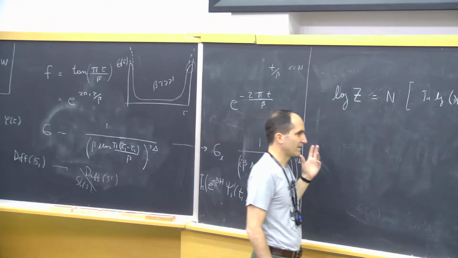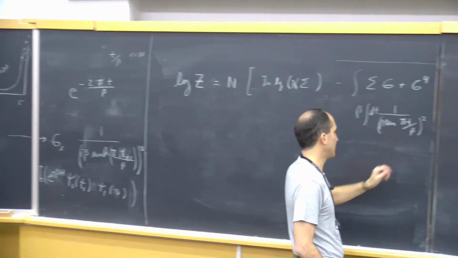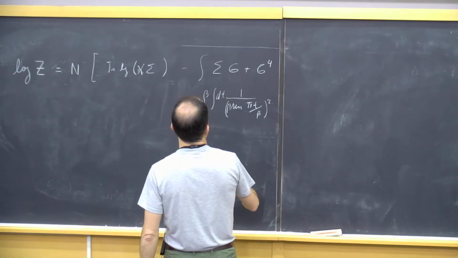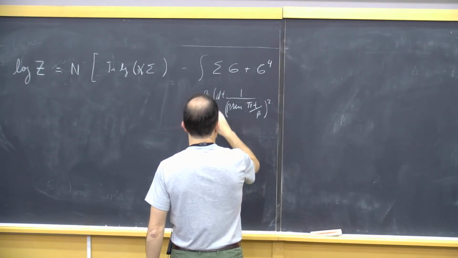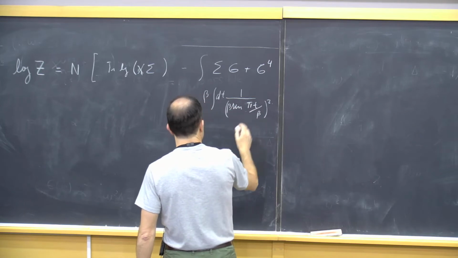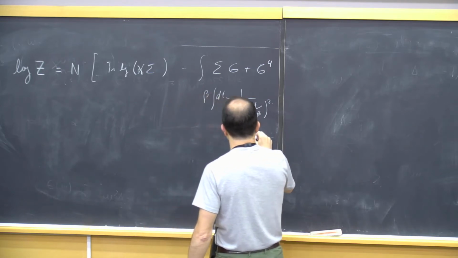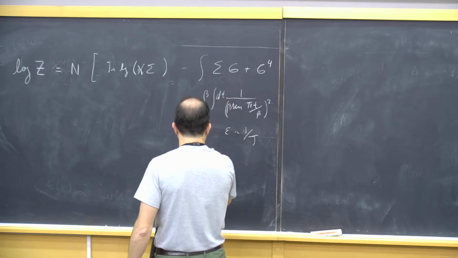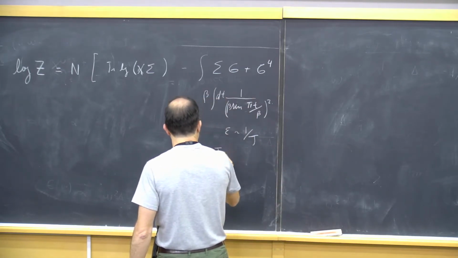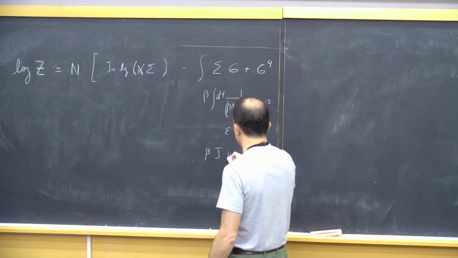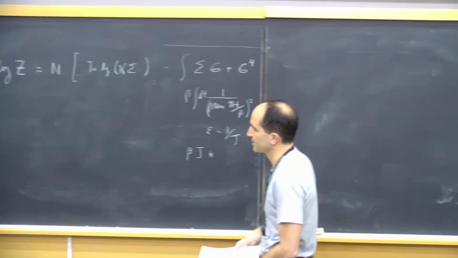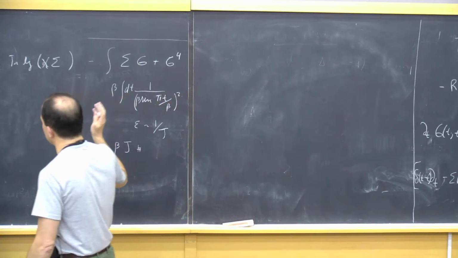And so effectively, that solution will cut this off at some small epsilon. And when you do that and the dust settles, that small epsilon will be of order 1 over j, and this whole term will give us something of the form beta times j times some number that we cannot compute using these approximations. Okay, so that's one term we get.